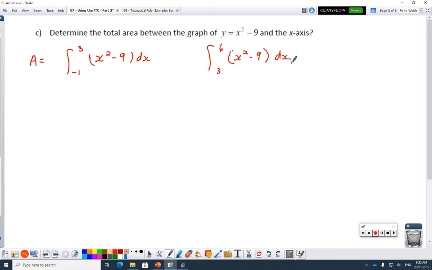And now some review on integrals. To find these integrals, I have to find the antiderivative, 1/3 x cubed minus 9x, which, by the way, you'll get super good at all the basic ones. And I got to evaluate that between 3 and -1.